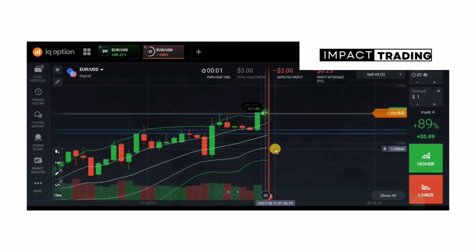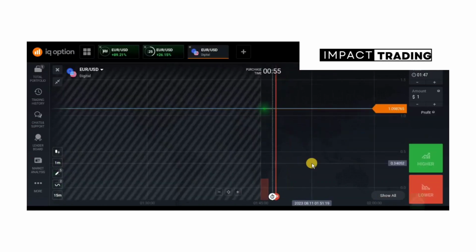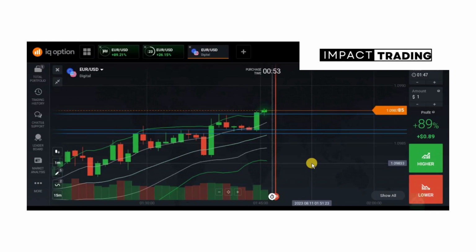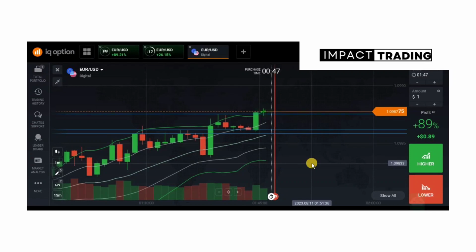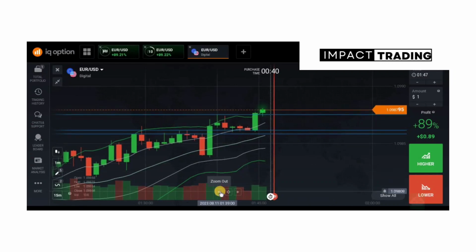Good. And after this trade, we should be taking yet another trade.